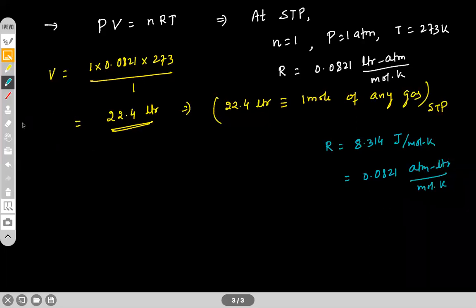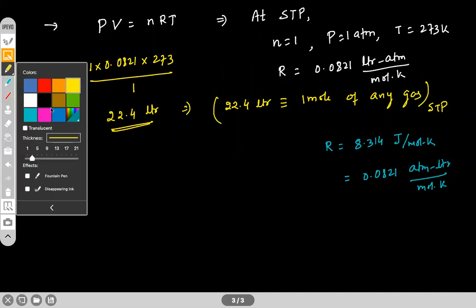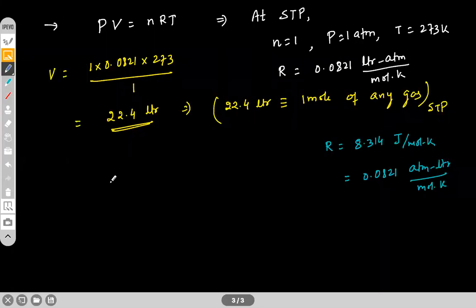If you check the dimension over here, what is this one? It is pressure. If I write down the dimension of all the terms here, you'll see what we get. Pressure is 1 atmosphere, so it is ATM into liter ATM per mole Kelvin. The R unit is this, into temperature in Kelvin, divided by pressure. By mistake I have written this as ATM. This is mole, because we have 1 mole.